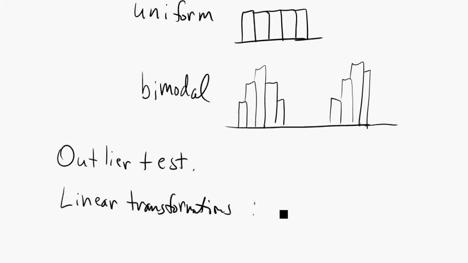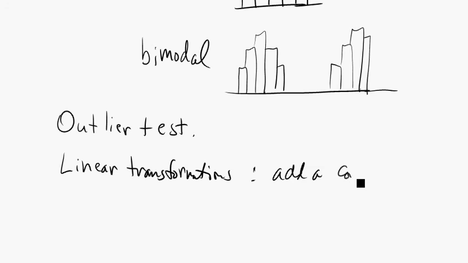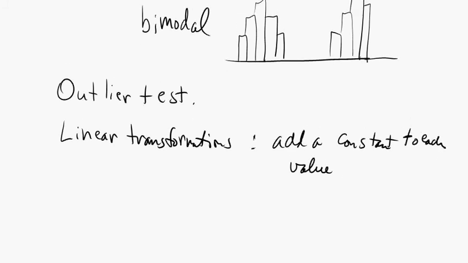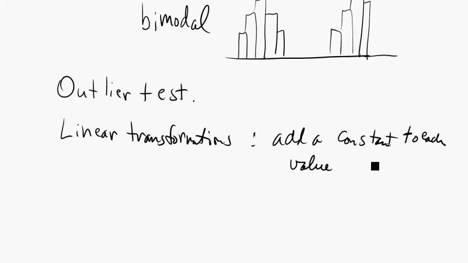So if I add a constant value to each value, what measures change? Do the centers change? Does the mean change?